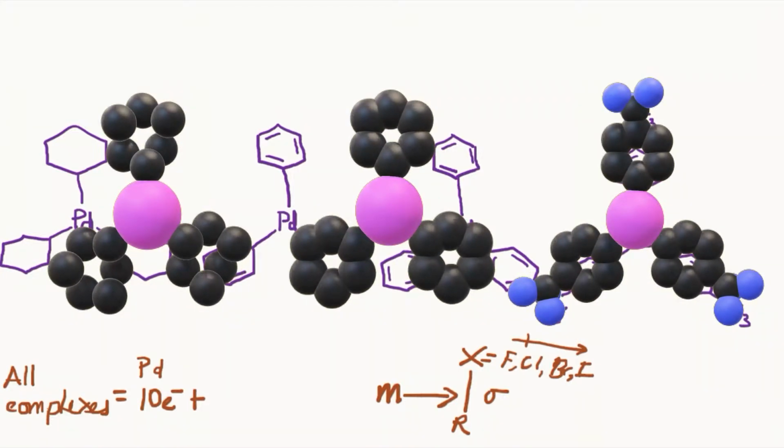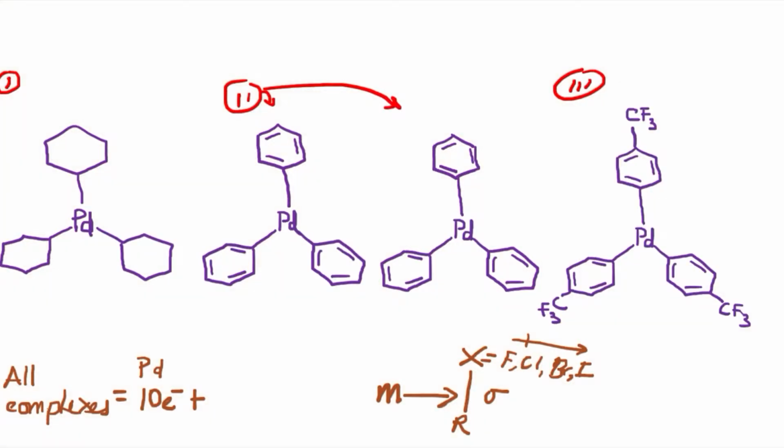In all three, we notice that they all have 3 bonds attached to palladium. As a result, we have 6 electrons donated to palladium, which contributes 6 electrons to the overall count of these complexes. So if you add both 10 and 6, we get 16 electrons.